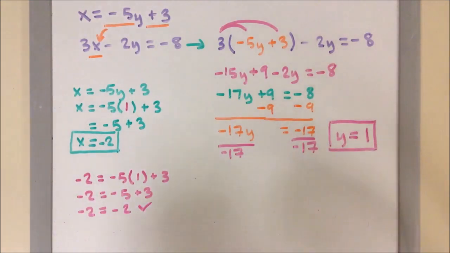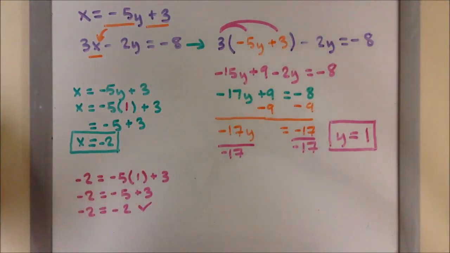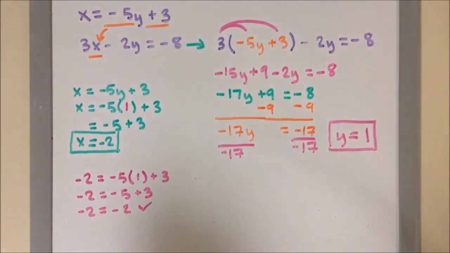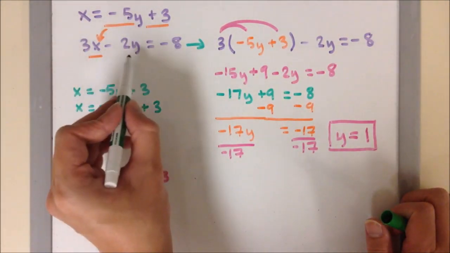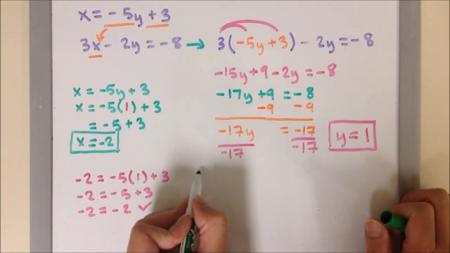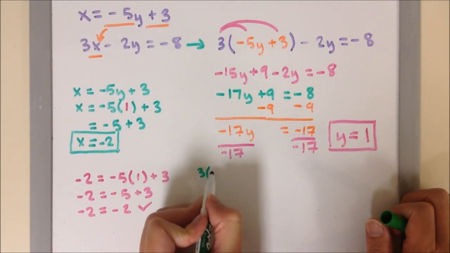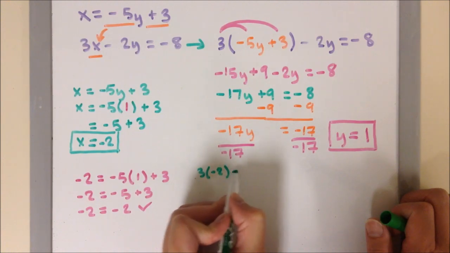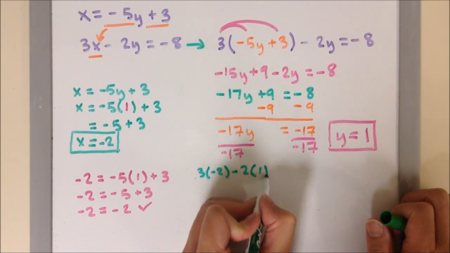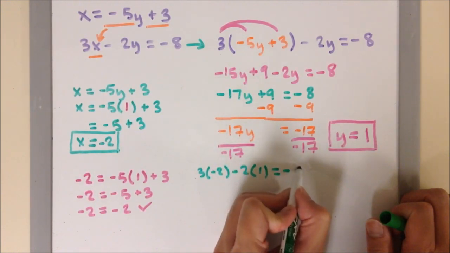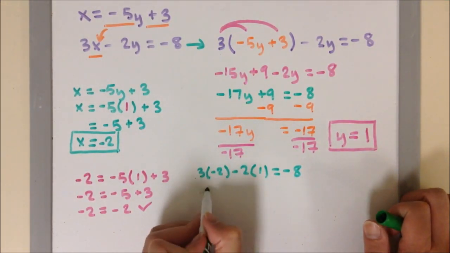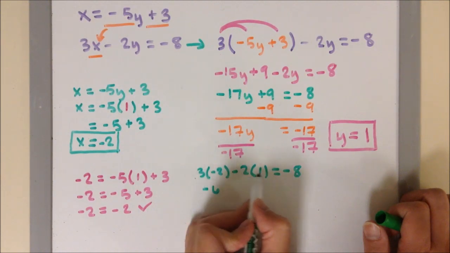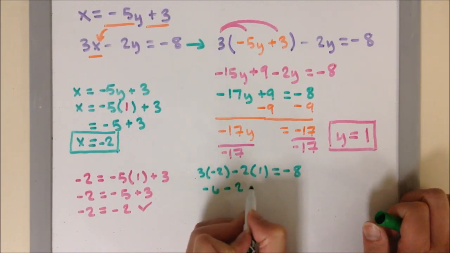Well, that works. Now, the second equation. For x, I'm going to plug in negative 2, and for y, positive 1. So 3 times negative 2 minus 2 times positive 1 equals negative 8. 3 times negative 2 is negative 6, and negative 2 times 1 is negative 2.